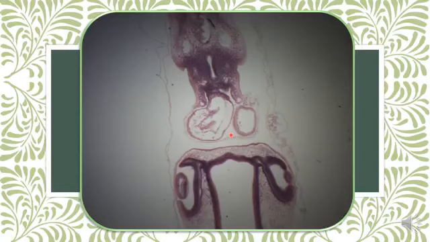Also in these transverse sections, you can see the diencephalon and an optic cup derived from the optic vesicles.